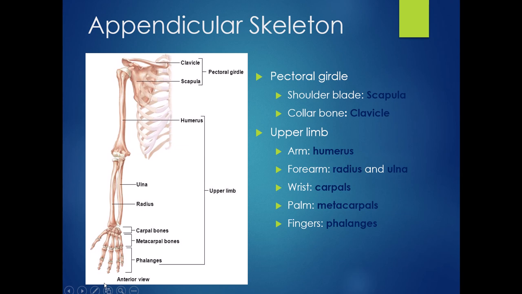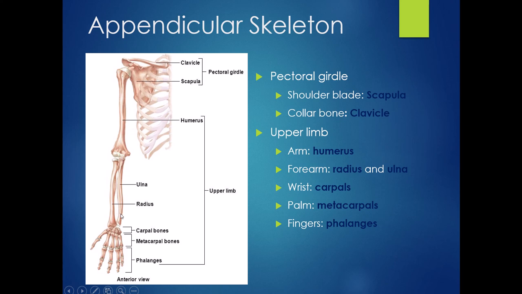If we look at the appendicular skeleton, you'll see that the pectoral girdle consists of the clavicle, which is your collarbone, and the scapula, which is your shoulder bone. The upper limb has a couple of different divisions. The arm is from the shoulder to the elbow, so there is 1 bone in the arm, that is the humerus.